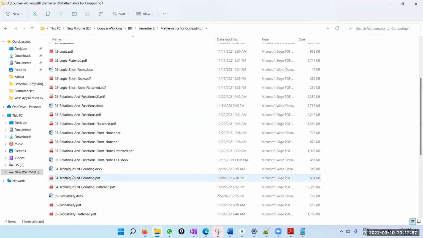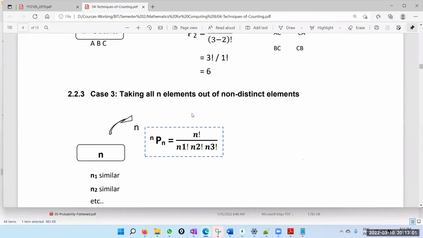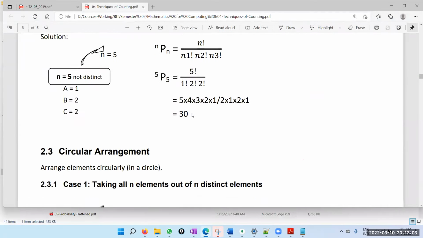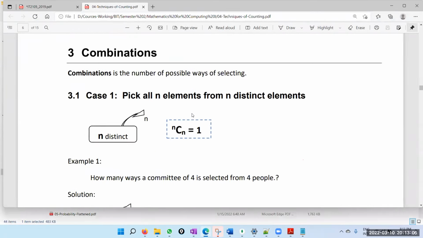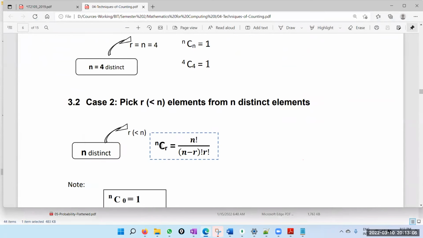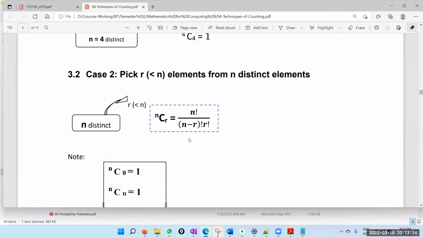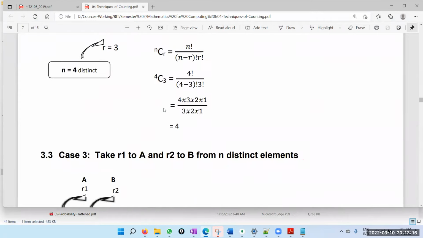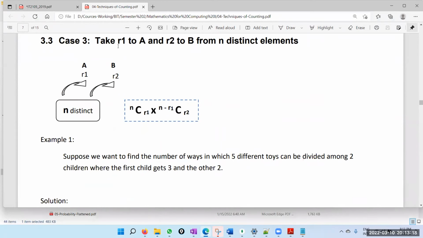So where is counting? So NCR is factorial n divided by factorial n minus r into factorial r. Right? Take r1 to a and take r1 to b.